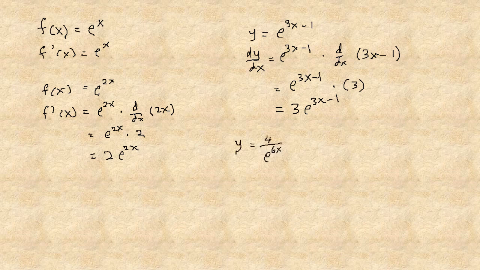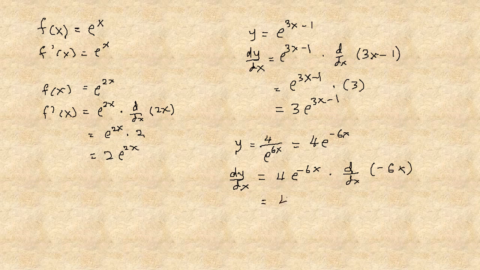Alright, let's try this example. y equal to 4 over e to the power of 6x. So to differentiate this one, we need to change to a polynomial function. So we can write as 4 e to the power of negative 6x. So differentiate function y with respect to x, dy over dx equal to 4 multiplied by e to the power of negative 6x, and then multiply by differentiate function negative 6x.